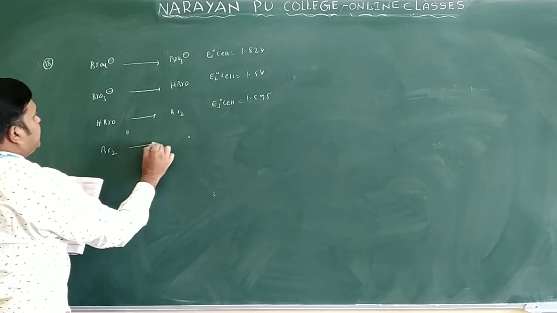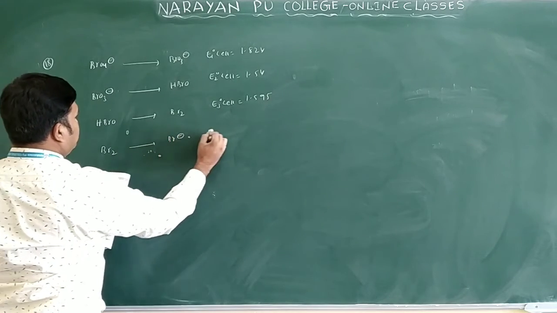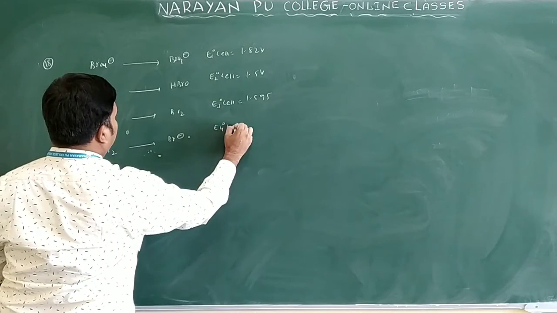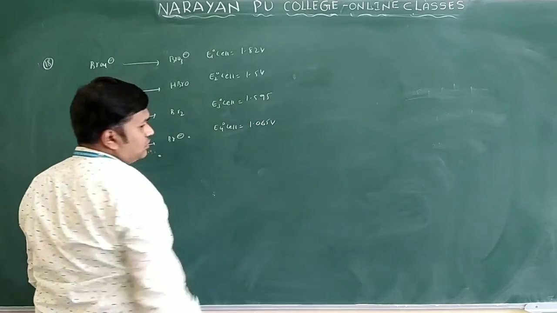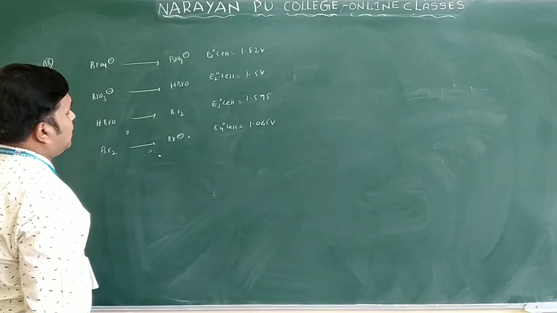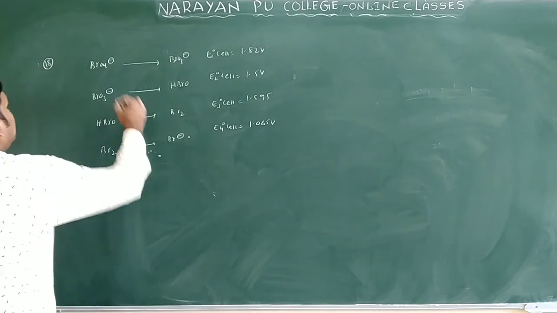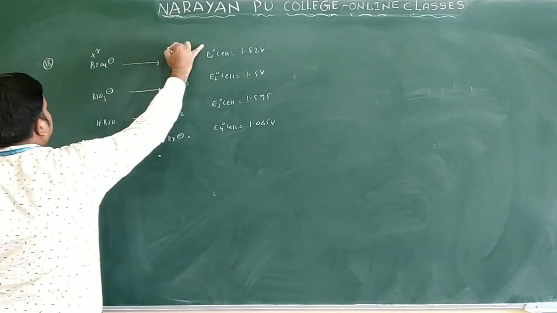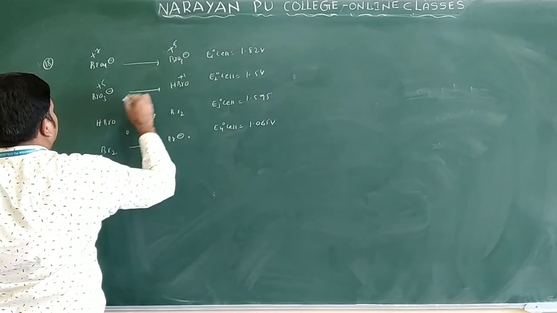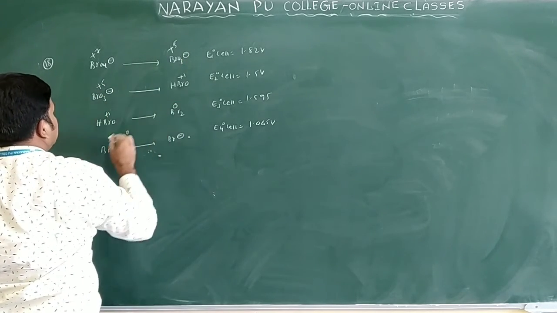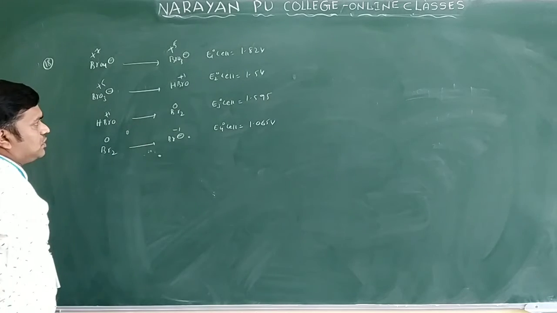Last conversion, Br2 converted into Br minus, you will take E4 naught cell equal to 1.065 volts. So in each case I want to write the oxidation state of bromine. Here plus 7, here plus 5, this is plus 5, plus 1, this is plus 1, 0, 0 to minus 1.